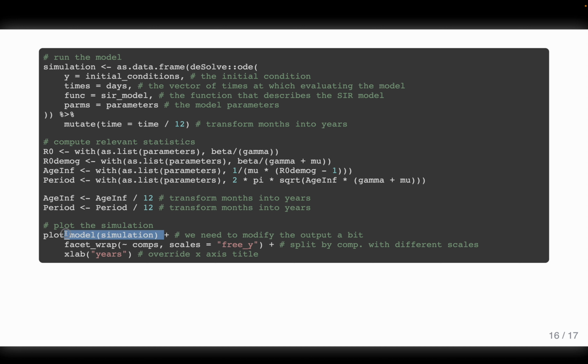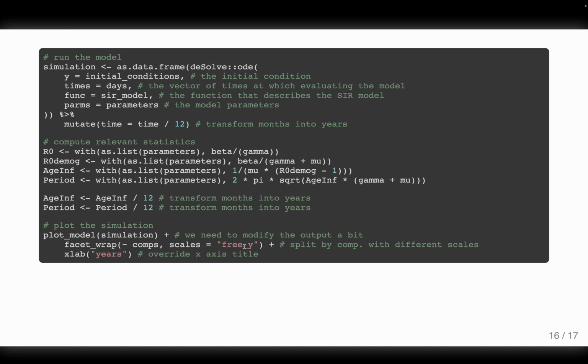This part of the code is the same because we created our own function, but we need to modify the output to take into account some differences in this model. ggplot is nice because you can just add elements that overwrite the elements from before. So we want to add a facet_wrap in order to have a different plot for each component, and each plot will have a different scale on the y-axis.